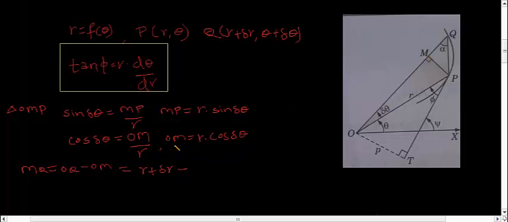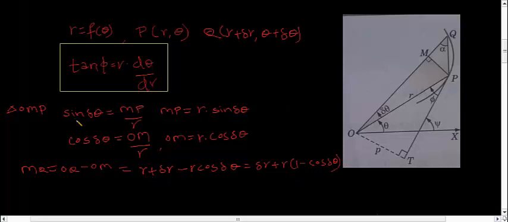We have OM here. OM equal to r cos of delta theta. This can be written as delta r plus r into 1 minus cosine of delta theta. We are taking r as common factor here.